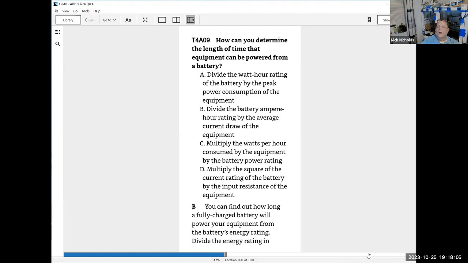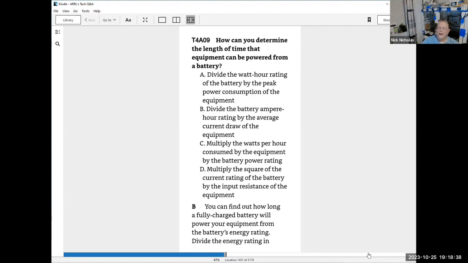You take the amp hour rating of the battery and divide it by the amount of current you're going to draw out of it. So let's make this easy: a 10-volt battery and a 100-watt light bulb. 100 watts divided by 10 volts, it's going to draw 10 amps.